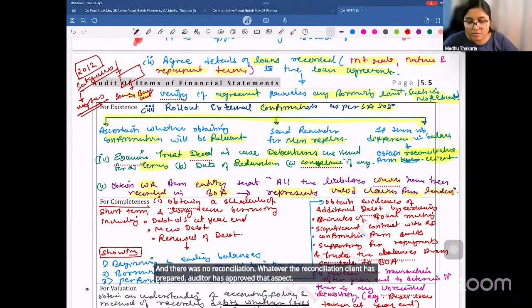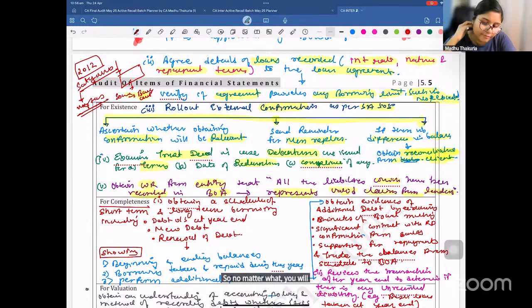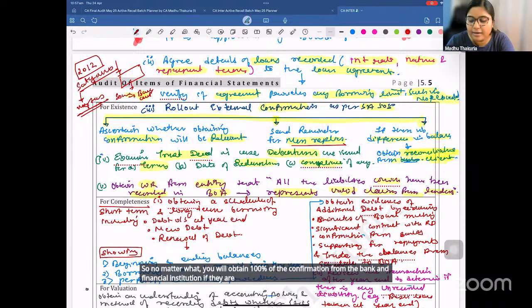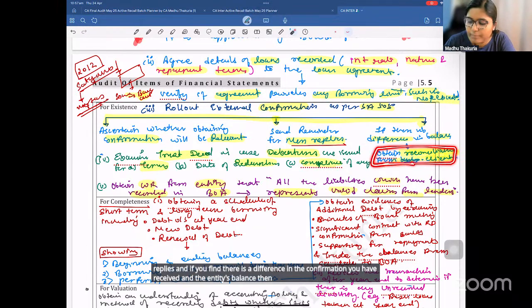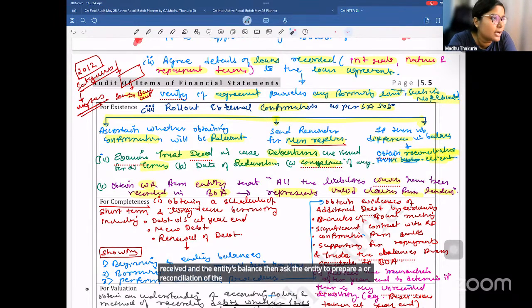So no matter what, you will obtain 100% of the confirmation from the bank and financial institution. If they are not confirming, send a reminder for non-replies. If you find there is a difference between the confirmation received and the entity's balance, ask the entity to prepare a reconciliation of the items, and then verify those reconciling items.